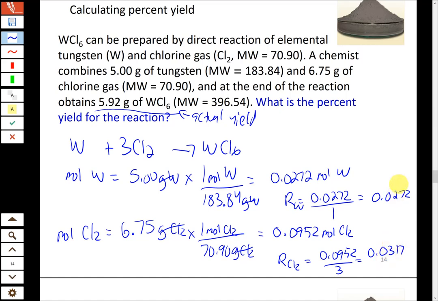All right, so those are the two stoichiometric ratios. The smaller of those two is for W, tungsten, so that's going to be our limiting reactant.